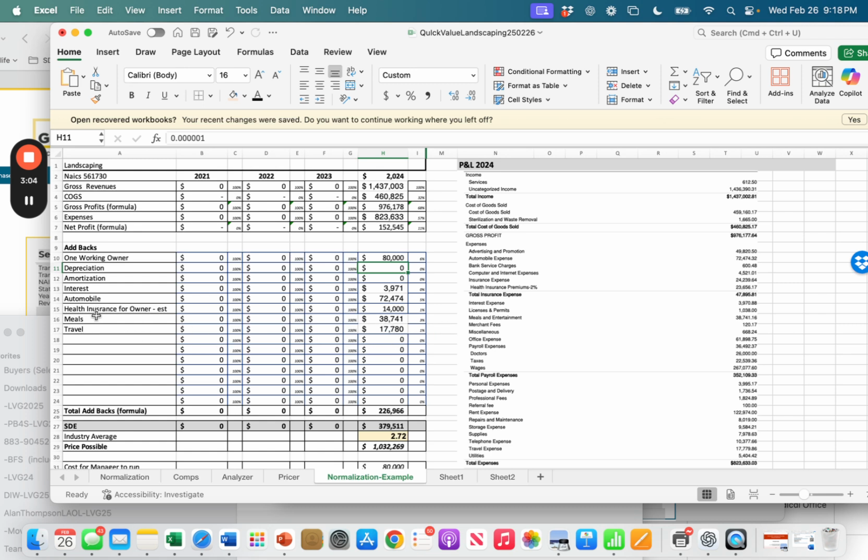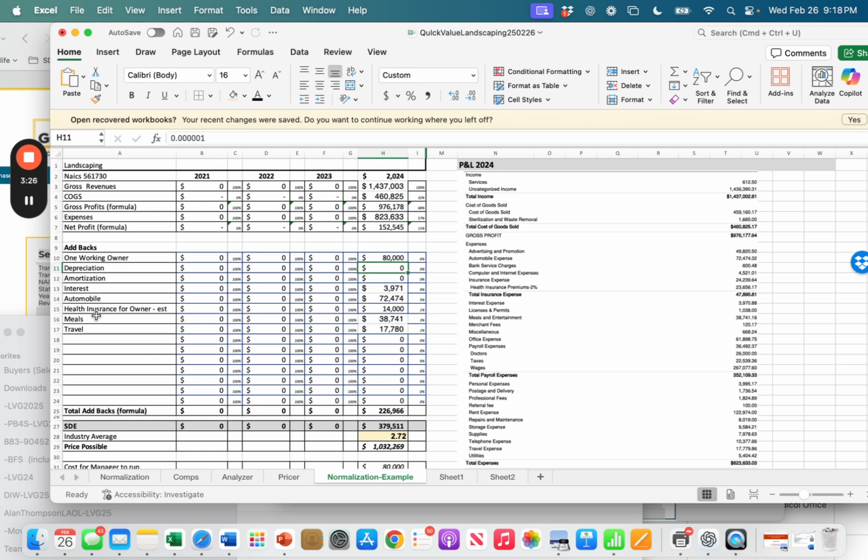Now, not all meals get added back. If you use meals for you and the spouse or the owner and the spouse to go out and eat and chat about business, and they're writing this off, then that usually gets added back because it's not essential to the operation of the business as it's being run prior to the time of the sale.